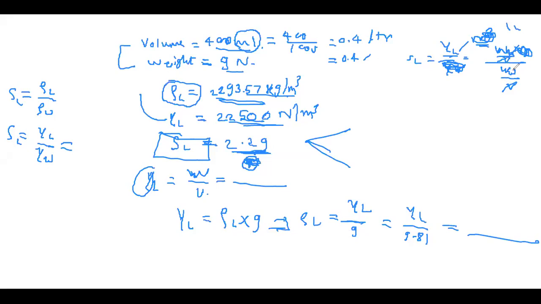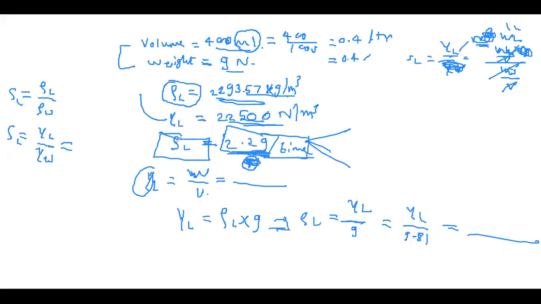Now here we are dividing WL, the weight of the liquid, by the weight of water. And the value has come as 2.29, which means this particular fluid is 2.29 times heavier than water.